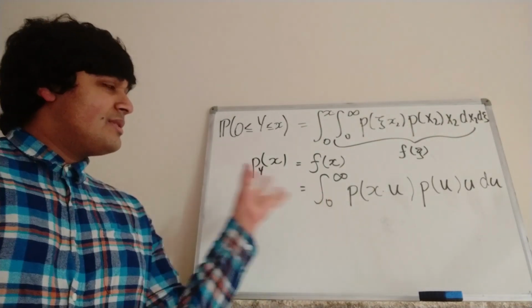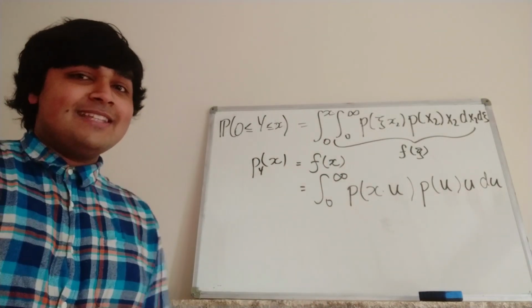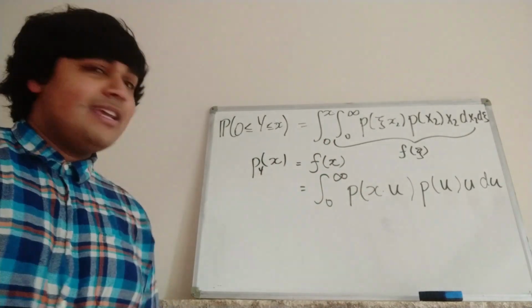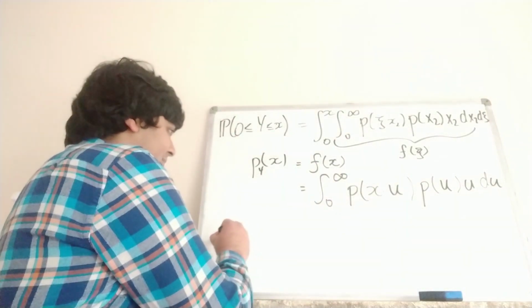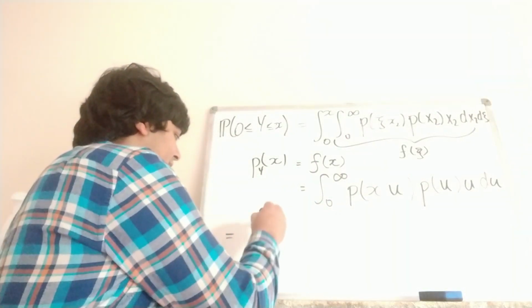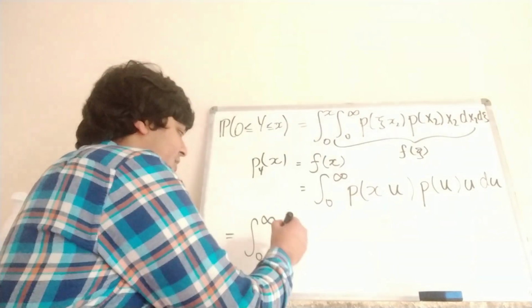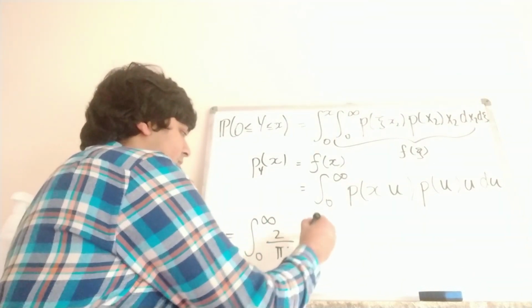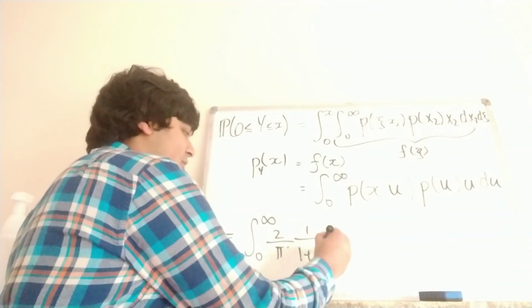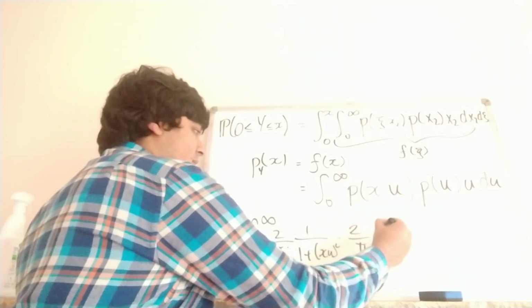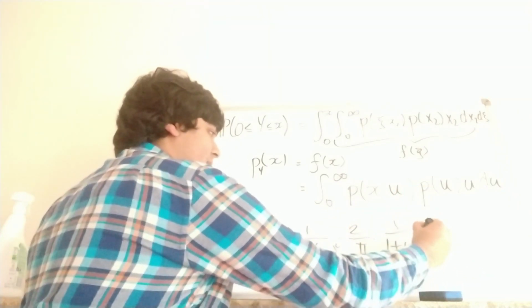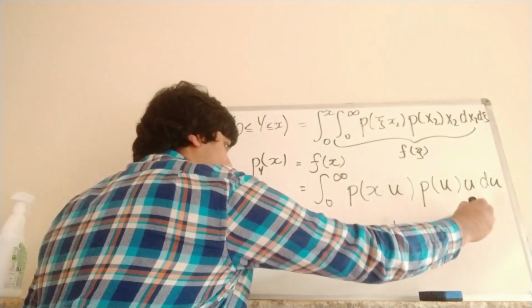Okay, now what we want to do is write this as a more explicit integral, because remember we know what p is. It's just 2 over pi times 1 over 1 plus u squared. So we can write this thing here as the integral from 0 to infinity of p of xu, which is just 2 over pi times 1 over 1 plus xu squared, times 2 over pi times 1 over 1 plus u squared times u du.